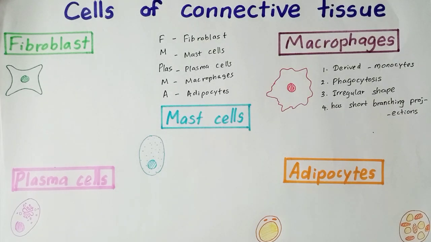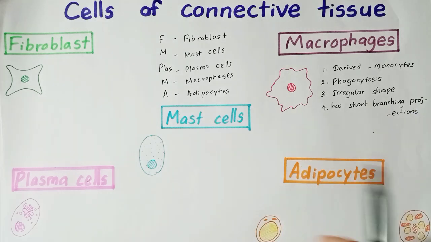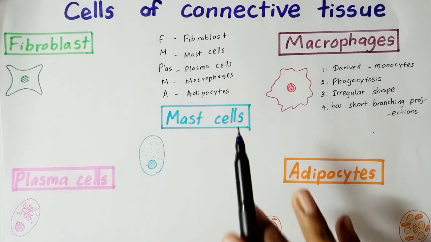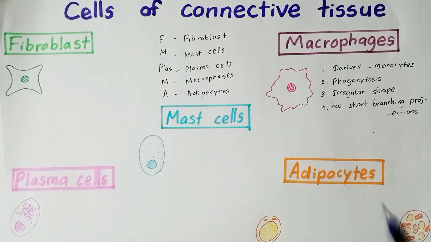There are two types of macrophages: fixed macrophages and wandering macrophages. From these two names also we can remember them, because fixed macrophages means they can't move, they are fixed. Wandering macrophages means they can move, okay?